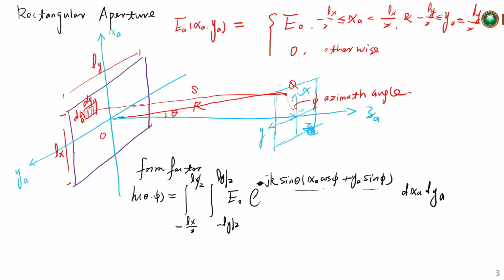It's not very difficult. Also, we have another method to do the calculations: we just do a variable transform. For example, we can define u equals k sin theta cosine phi, and v equals k sin theta sin phi.